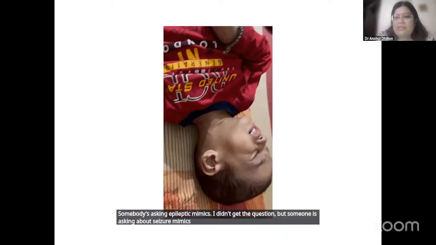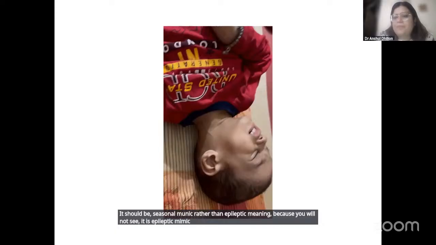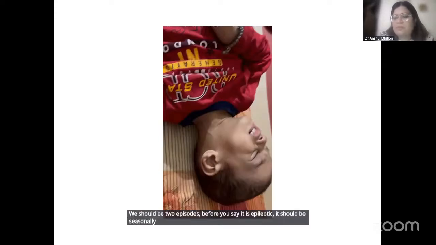Someone is asking about seizure mimics versus epileptic mimics. It should be seizure mimic rather than epileptic mimic, because you will not say it is epileptic until there have been two episodes. It should be seizure mimic. That was something I realized later.